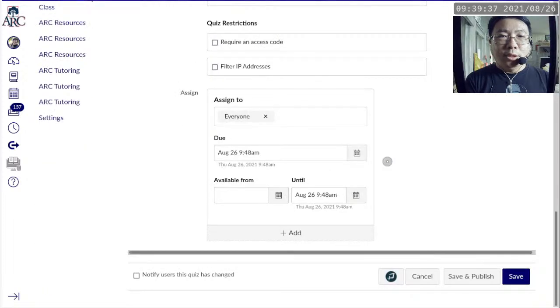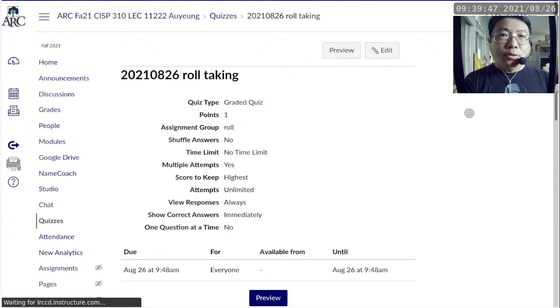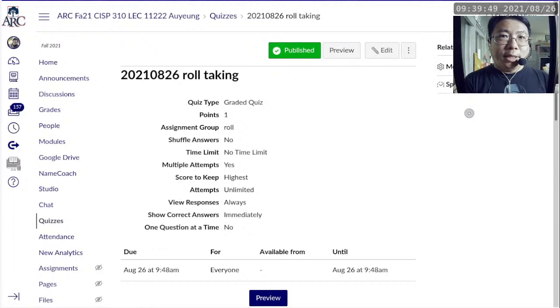The quote-unquote quiz is going to end at 9:48. Save and publish. So if you refresh your Canvas page right now, you should be able to see the quiz, and you have the next 8 minutes to answer the question. I mean, this is something that should take you like 10 seconds to do.